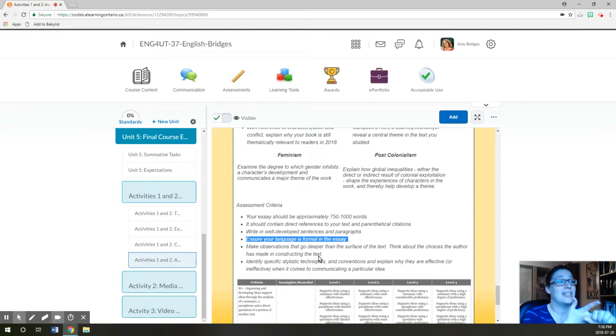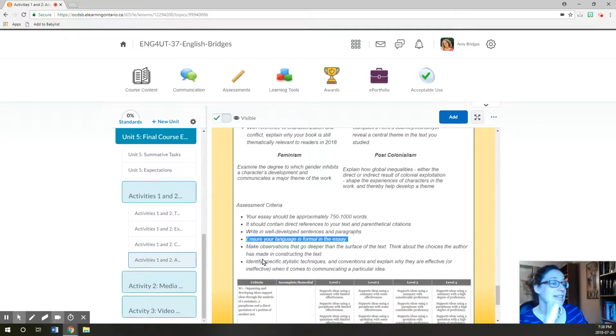Did they use loaded words in a particular way to try and make you feel a particular way about either gender or race in the text? So you're going to be analyzing the same way you'd applied literary theory in every other assignment this semester, try and look for deeper than the surface evidence to demonstrate your insights.